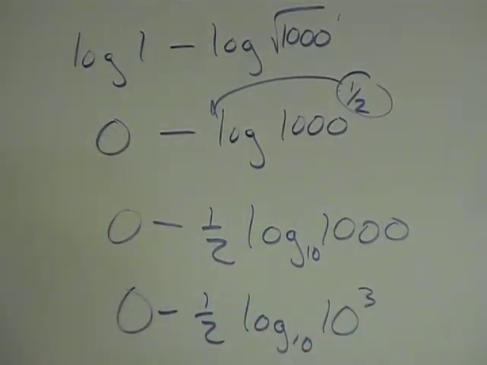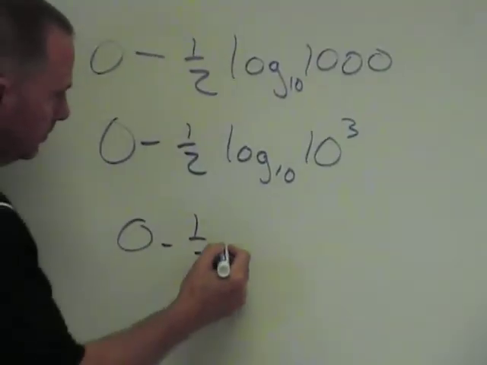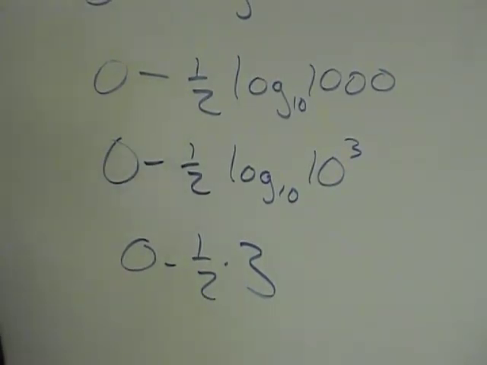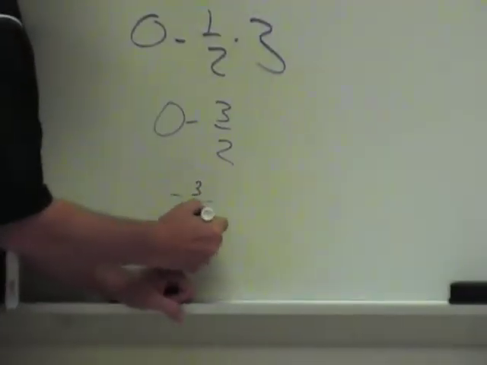Okay, so what's 1/2 times 3? 3 halves. So 0 minus 3 halves is negative 3 halves.